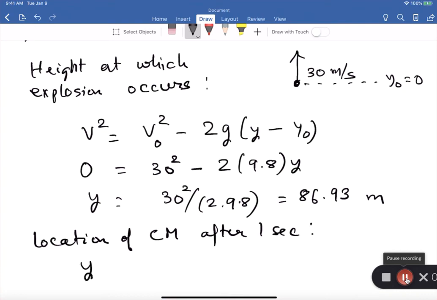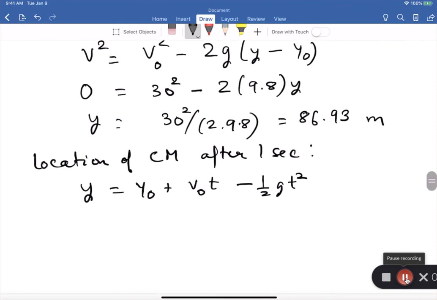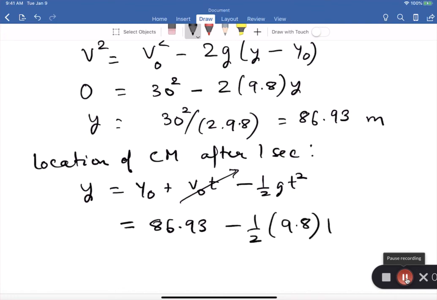Y final is equal to Y initial plus V0 t minus half g t squared. The initial velocity is 0 because it's at the top, and Y final is what we are looking for. Y initial is 86.93 minus half times 9.8 times 1 squared.